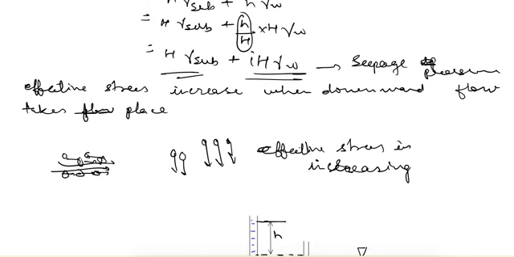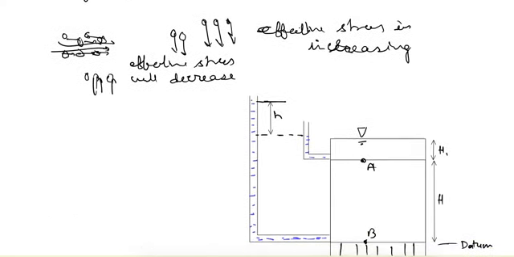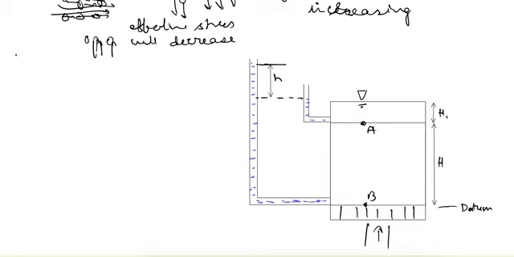If the flow is upward, then what will happen? Effective stress will decrease. That we'll see. So in the downward case, the effective stress increases. How much is the increase? That increase is equal to the seepage pressure, or if we multiply it by the area, it is equal to the seepage force. So before going further, let's see the upward flow case.